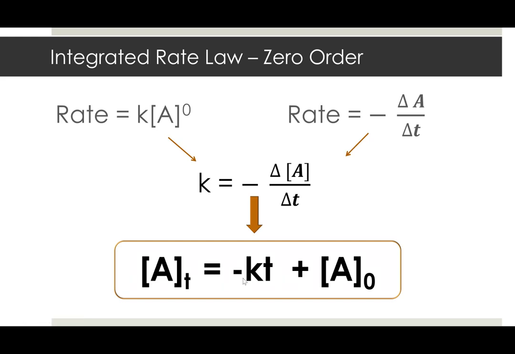The concentration of A is equal to negative K times t plus the concentration of A at time 0. So no natural logs, no 1/overs. This just gives us the clearest picture of the concentration of A. So we pray for zero order reactions when we're working here, right?